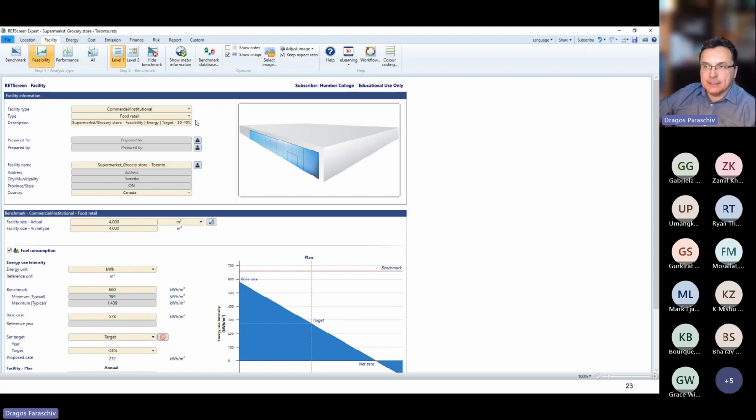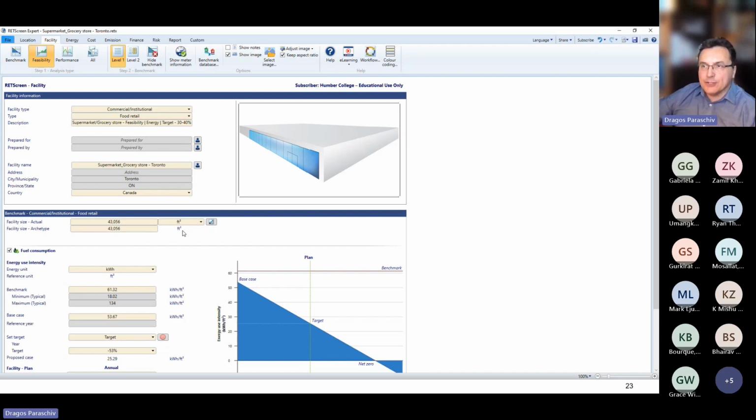So for this store, if we want to use similar units of measurement, it's another excellent feature in RETScreen: changing one input automatically translates into recalculating all other fields.